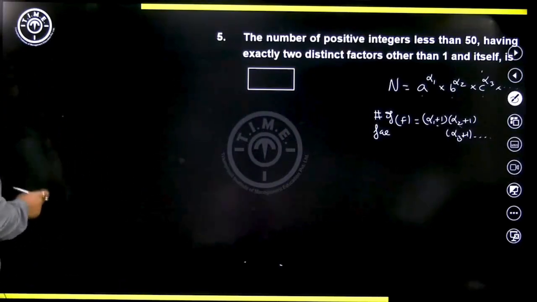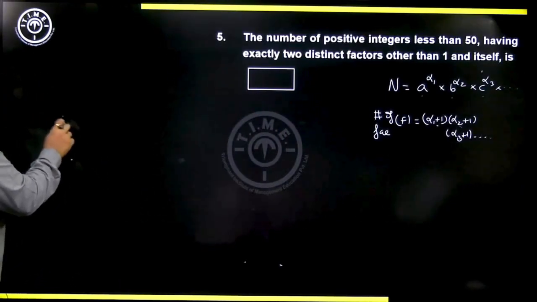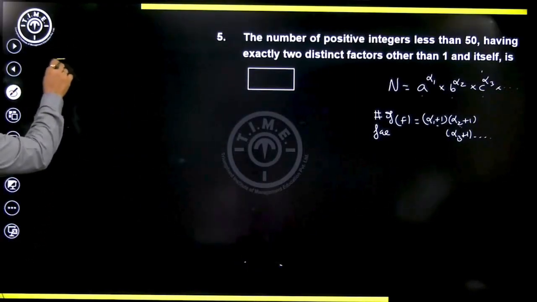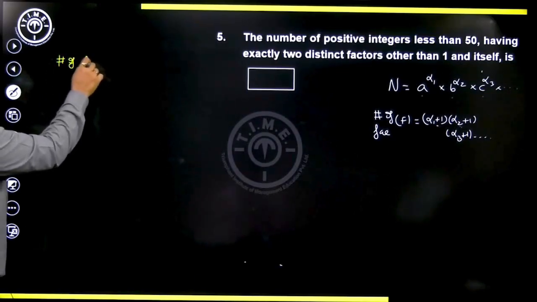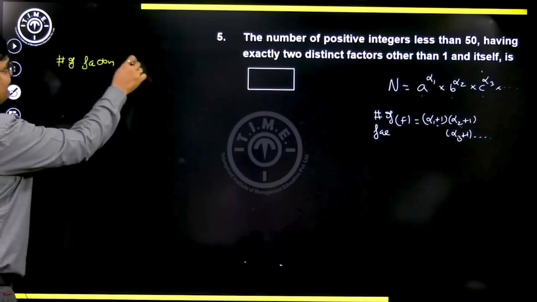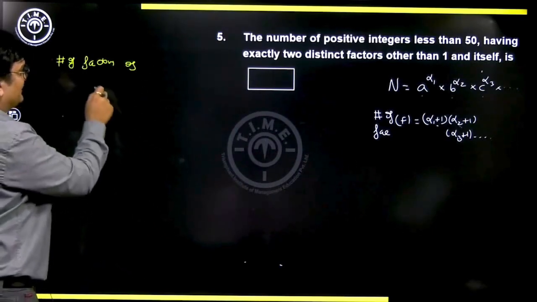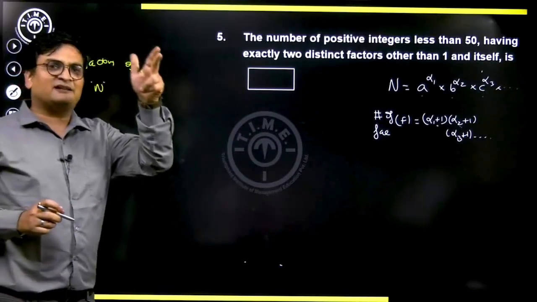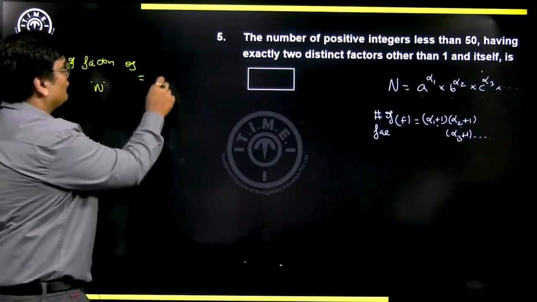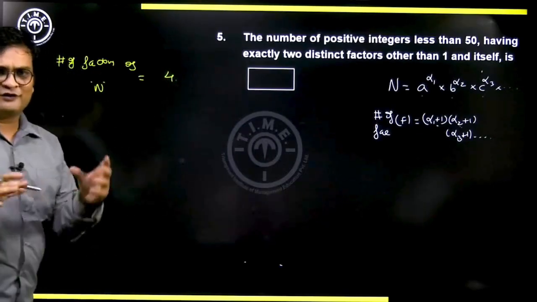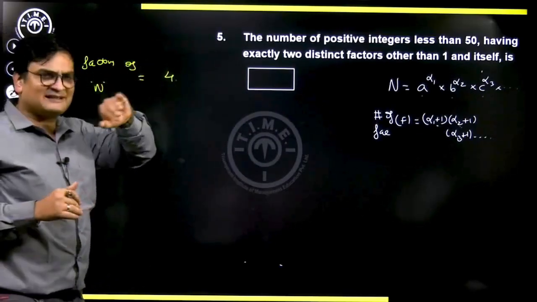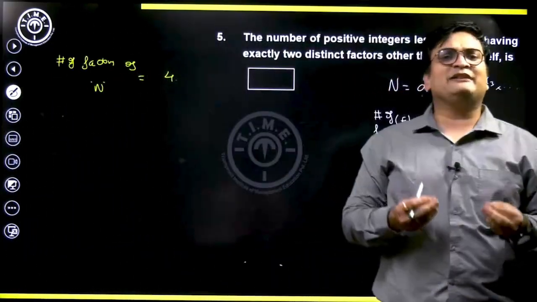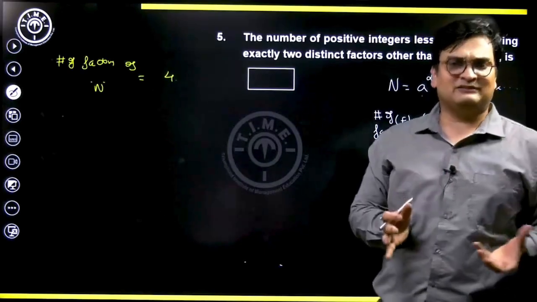The number of factors of the given number, suppose n, should be equal to 4, because we want 2 distinct factors besides 1 and n itself, so overall it should be 4. So overall factors should be 4 and the number n should be less than 50 also. So how many numbers less than 50 have exactly 4 factors? Essentially that is the question.